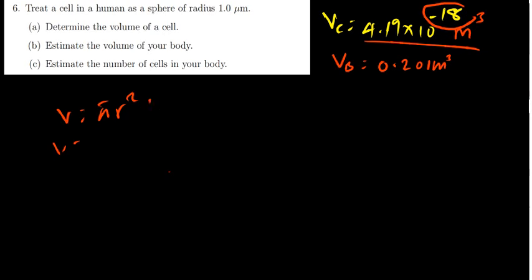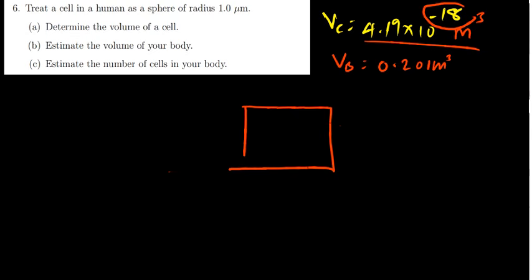Now, part D. Estimate the number of cells in your body. It's more like this, guys. If this is the body, this is the volume of the body. Then we have got the cells. We know the volume already of the body.